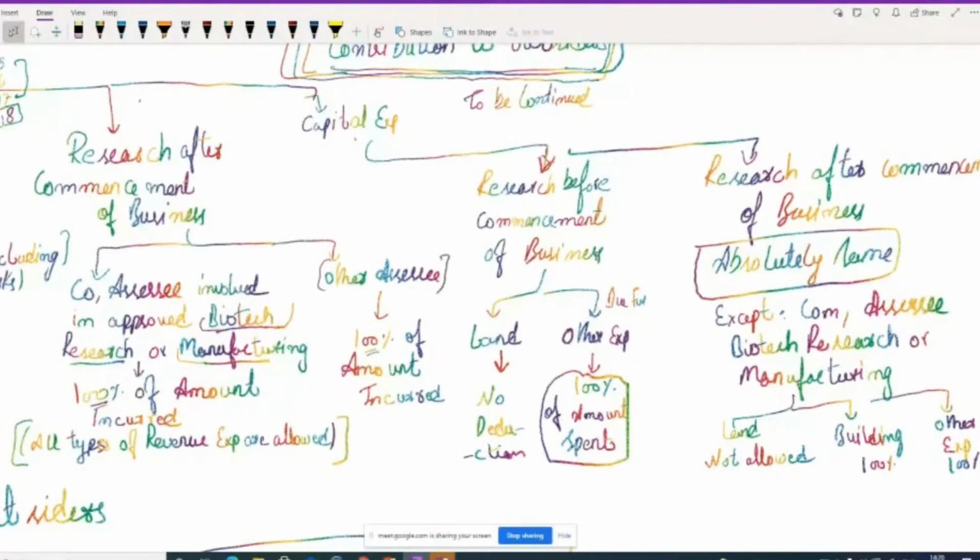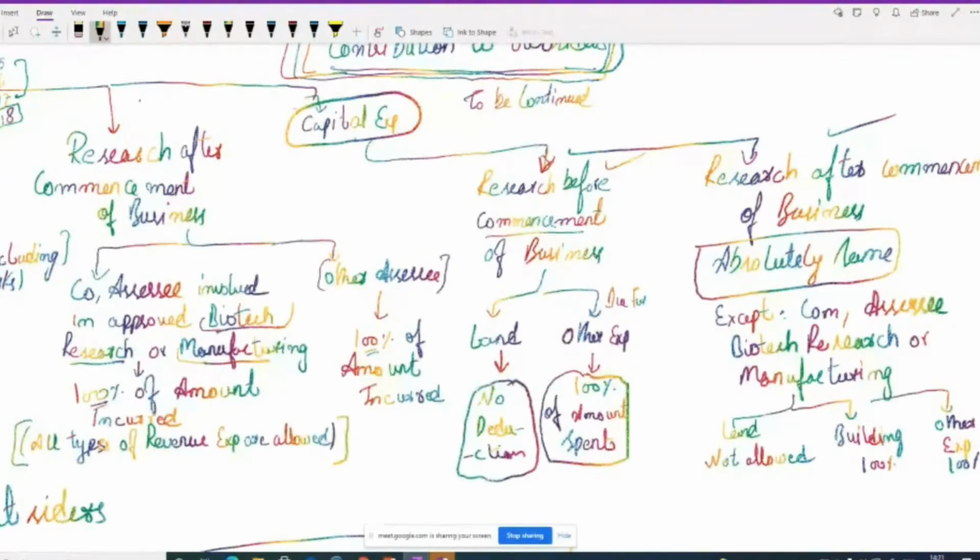Now we are talking about capital expenditure. Again you can divide before and after. This is related to your in-house research; we are not talking about outsiders. Before commencement of business, in case of land, no deduction is allowed if that expenditure is related to land.